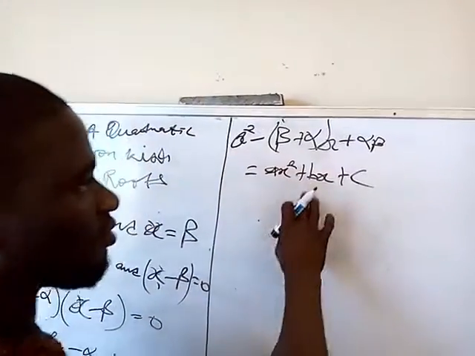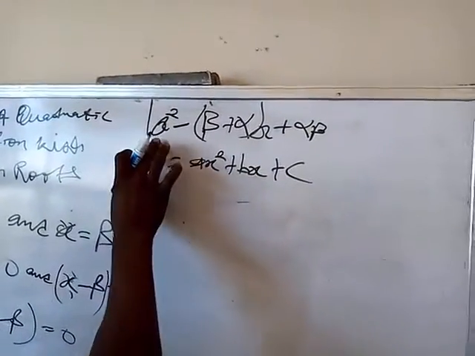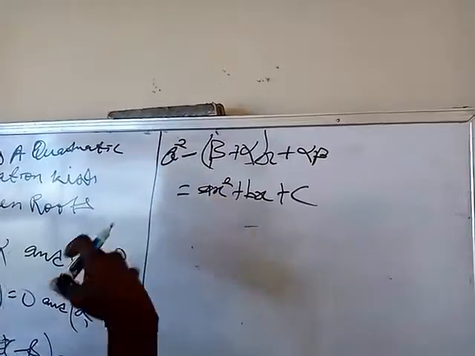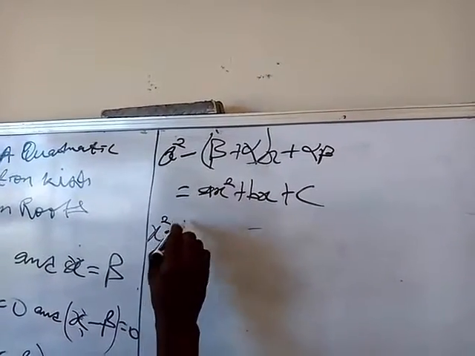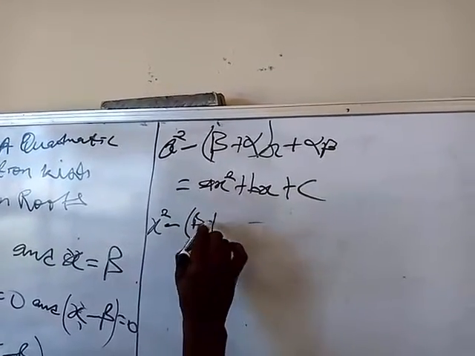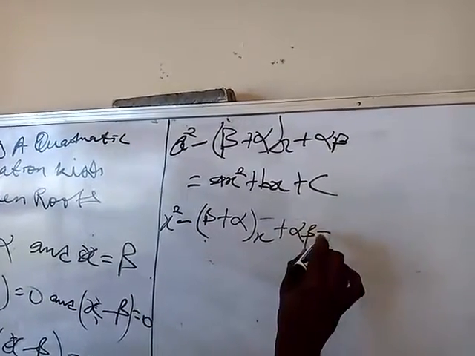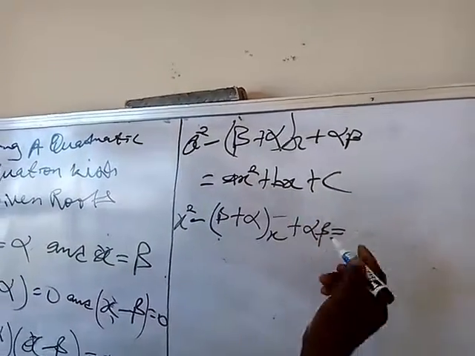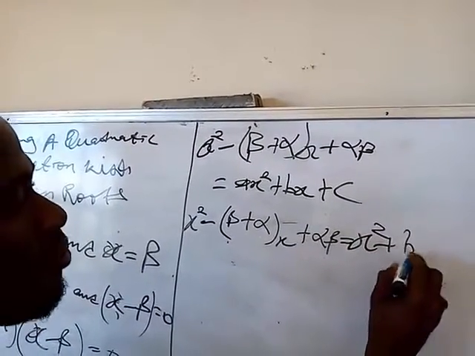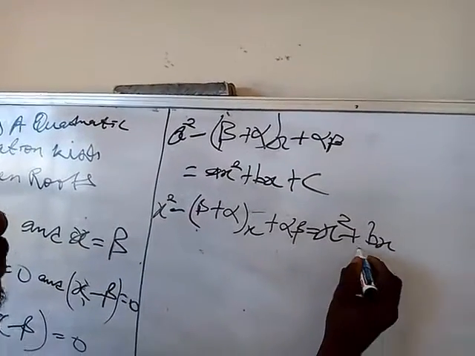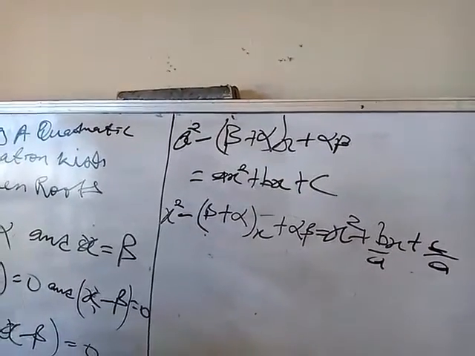Since it's equal to this, we want to remove this a from where it is, because this x squared doesn't have a coefficient. So when you divide all through by a, you have x squared plus bx over a plus c over a.